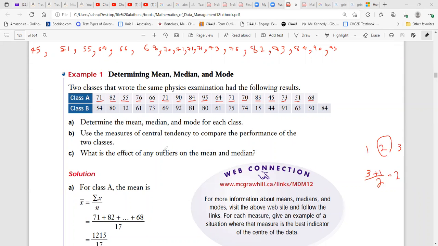The same thing, I have 17 data, which is odd, like the 3 data here. 17 plus 1 is 18, divided by 2 is 9, right? So the 9th data here is going to be my median. So 1, 2, 3, 4, 5, 6, 7, 8, 9, 71 will be my median here.